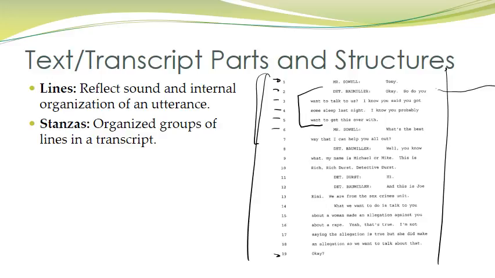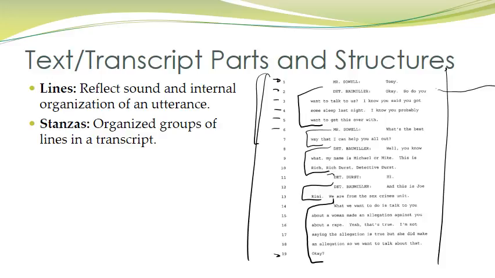Now, Mr. Sowell, the suspect, is going to talk in this little tiny stanza, then Detective Baumiller, and then Detective Durst is kind of sitting there, then Detective Baumiller, and then Detective Baumiller goes into a little introduction about what's going on. We want to talk to you about a woman who made an allegation against you about a rape. Yeah, that's true. I'm not saying this allegation is true, but she did make an allegation, so we want to talk about that, okay? So that was all part of his talk. So the transcriber, in this case, decided to give that its own stanza as well.